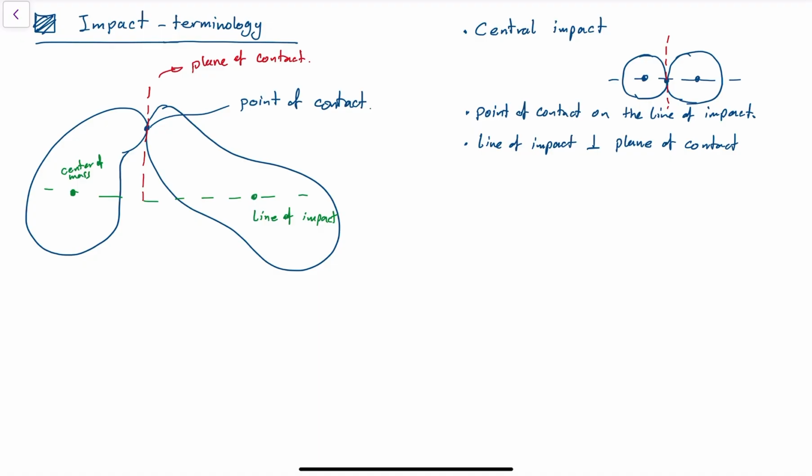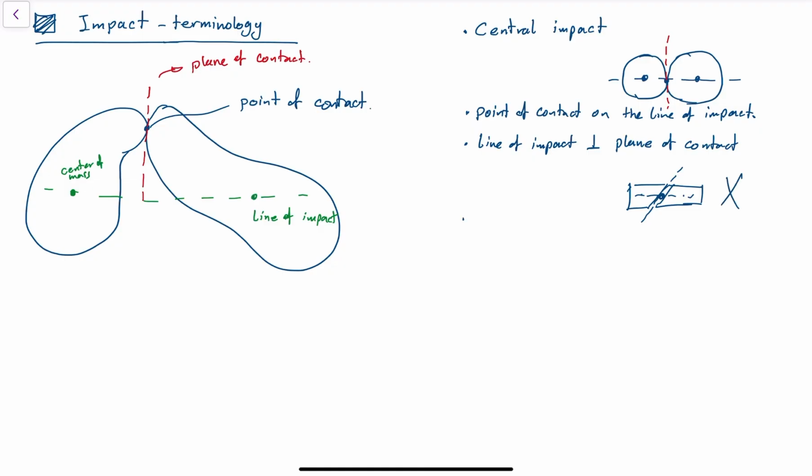If you have a shape that, I don't know, looks like this, two bodies like that and colliding, this is not central impact because the plane of contact is not normal to the line of impact. So this is not central.